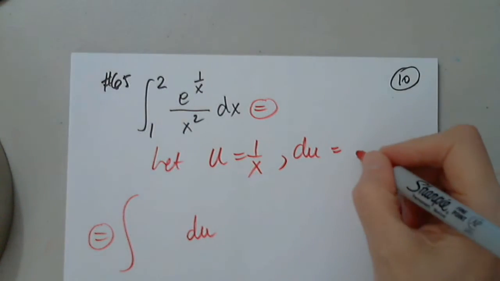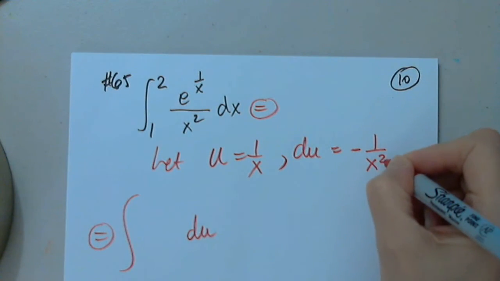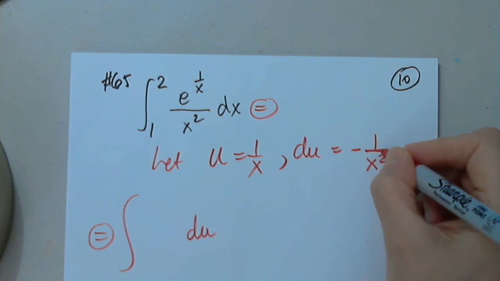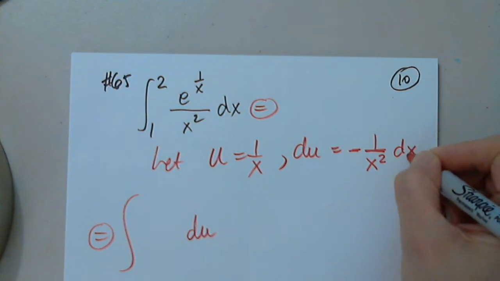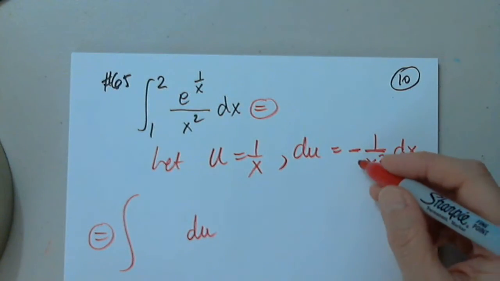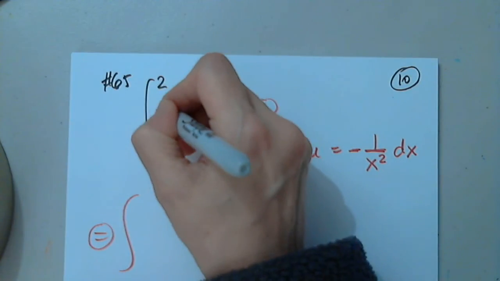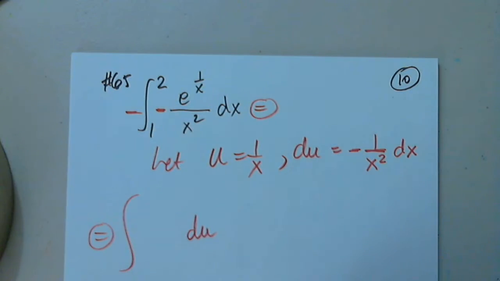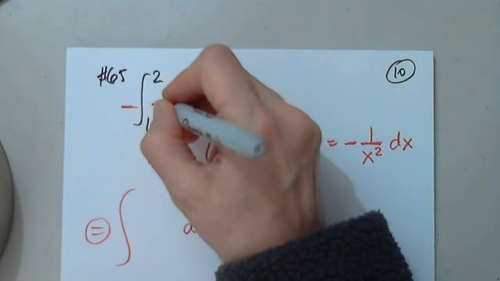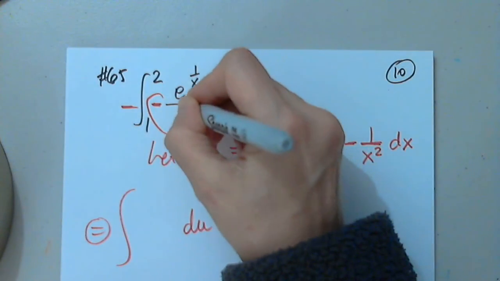Negative 1 over x squared. Not enough. Perfect. Dx. Do I have this? Yeah. Who cares? This number I can make up. No problem at all. Multiplying twice by negative 1 doesn't change anything. So here is my du. Yay!